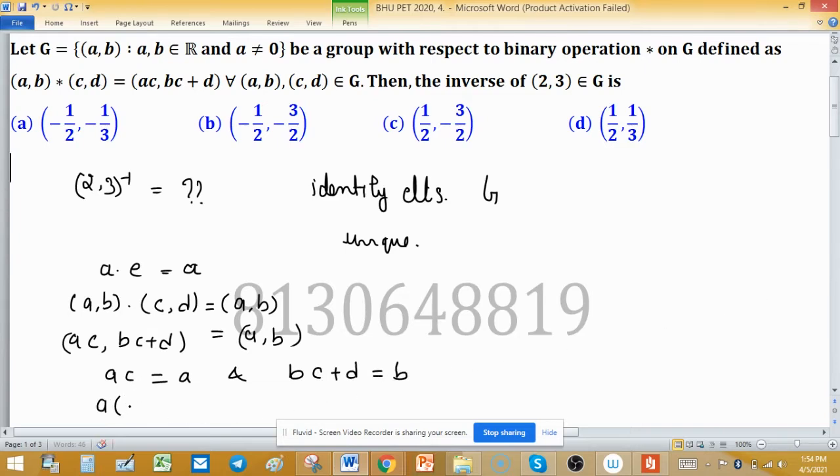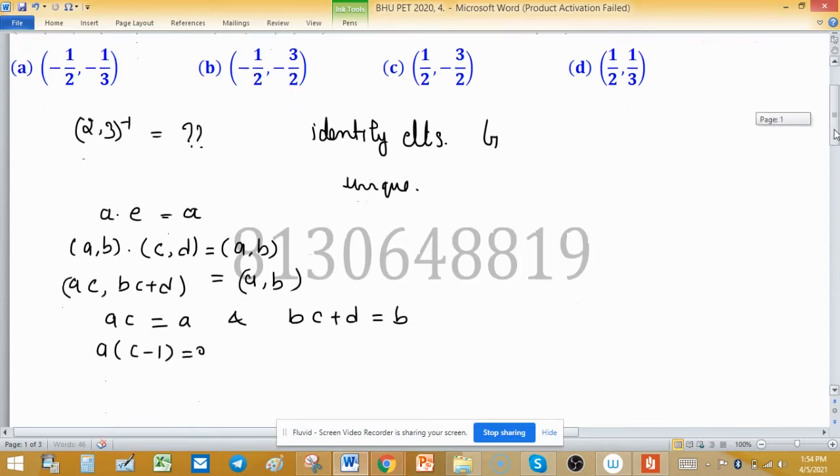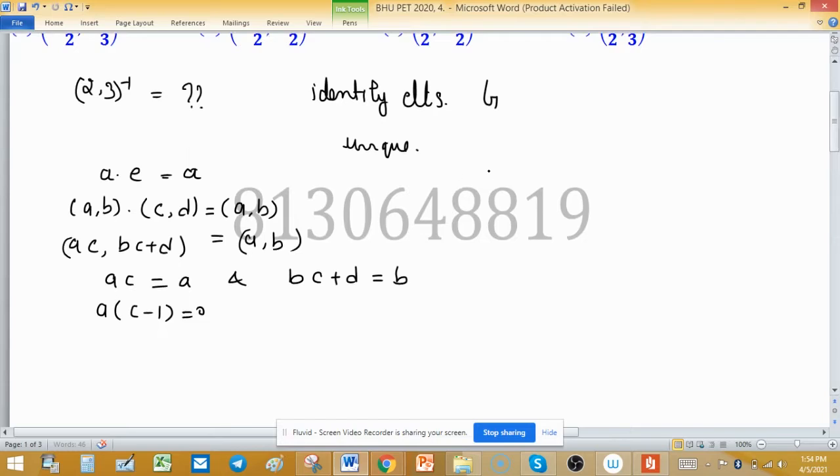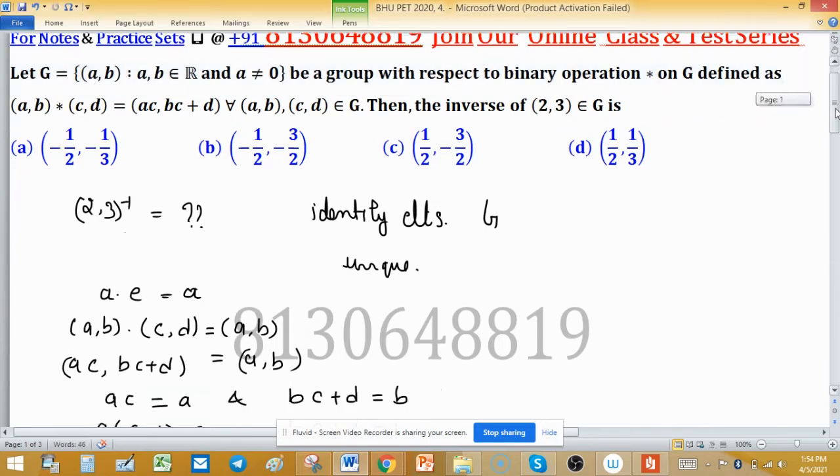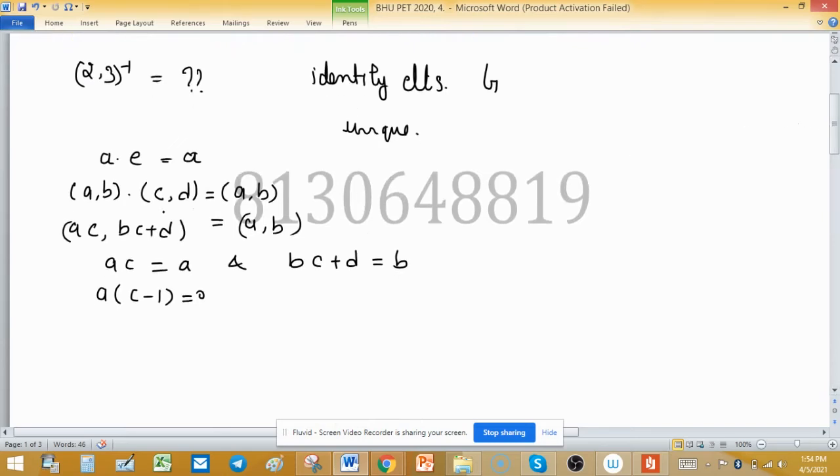Take common: a(c minus 1) is equal to 0, and I already took a as non-zero as the defining condition in G. You can see here a is non-zero. If we are taking an element as an ordered pair, then the first element is non-zero and there is no condition on the second component of the ordered pair. We know that a is not equal to 0, so c equal to 1.